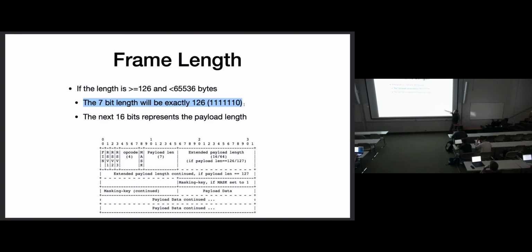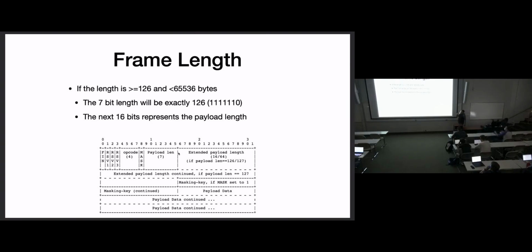So if you read those 7 bits, and those 7 bits are exactly 126, 7 ones and a 0, I don't feel like saying them all, then this is your payload length. Your payload length is somewhere in between these 2 values, and the next 16 bits, the next 2 bytes, so this information right here, these 2 bytes, are going to be your actual payload length.